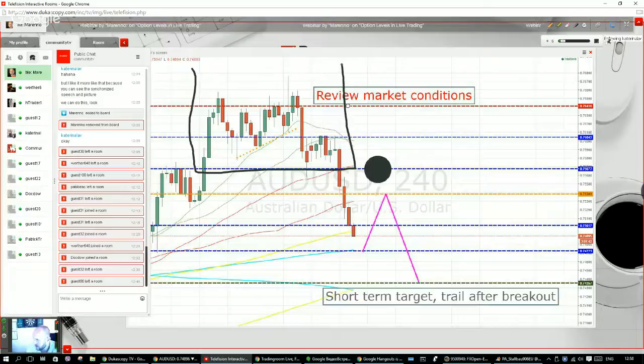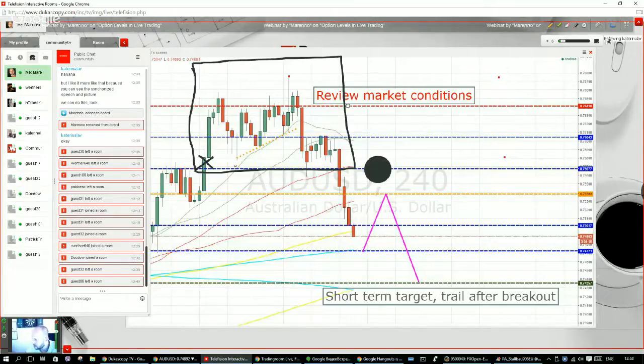Where is the high? This is the high, it will be around here. Where is the opening here? I'm not counting this candle. This is where the opening is, around this area here.